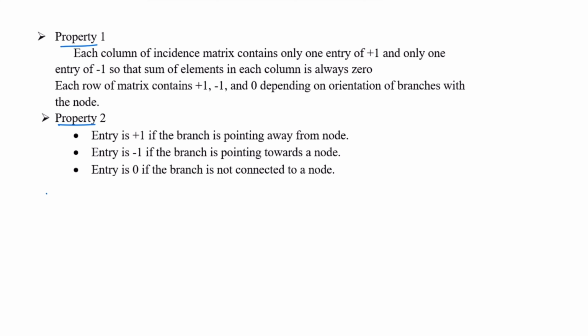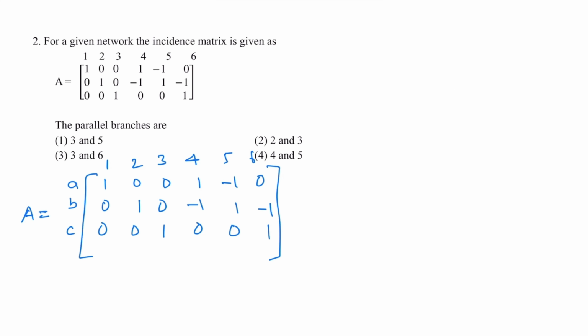So in this question, as per property 1, in this column plus 1 or minus 1 is missing. So the given matrix is a reduced incident matrix. We need to convert this reduced incident matrix to an incident matrix using property 1.